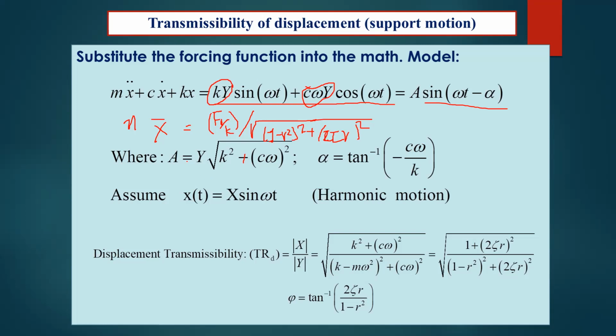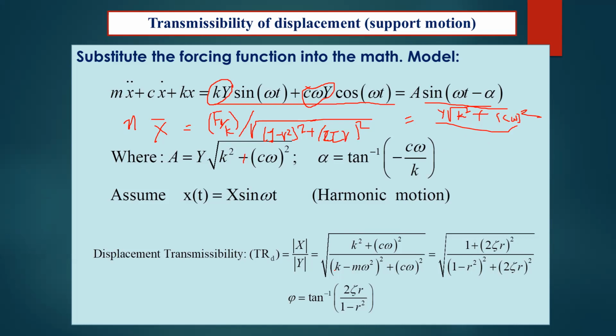What is A? A means this equation. Instead of F naught, just substitute Y times the radical of k squared plus cω squared, which is the A value, over simply k.